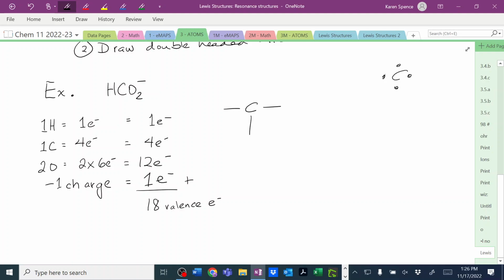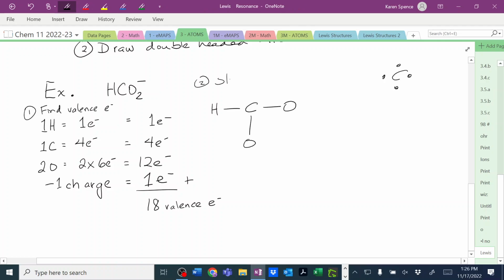All right. This is what we call our skeleton structure. Once we have our skeleton structure, so step 1, find the valence electrons. Step 2, skeleton structure.